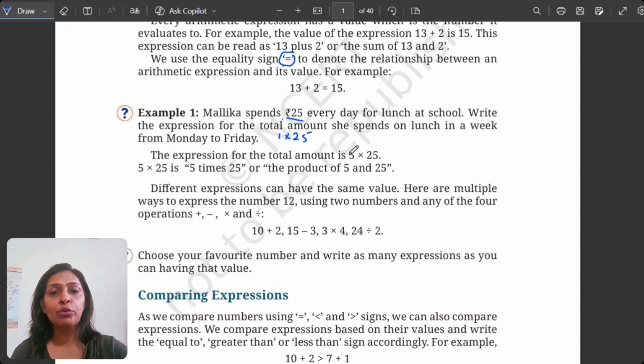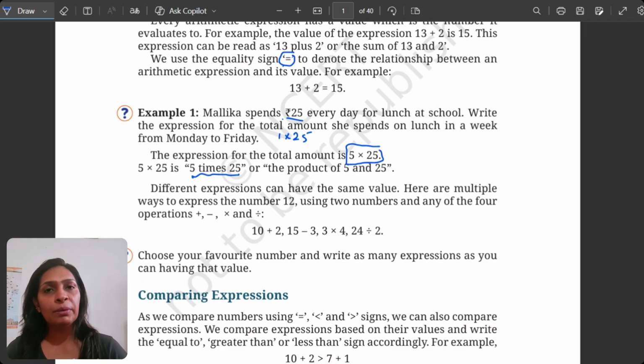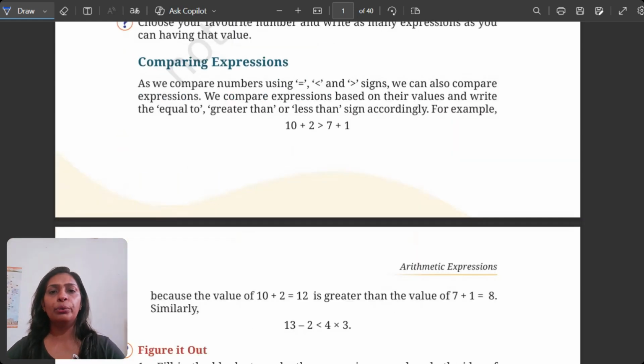So the expression would be 5 multiplied by 25. We can read it as 5 times 25, or 5 multiplied by 25, or the product of 5 and 25. In maths, we also call multiplication the product. So we can have various expressions for it.